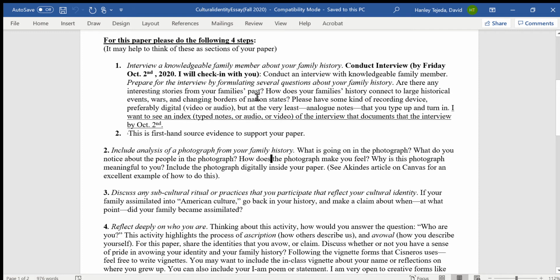And so, yeah, this is actually really fun. If you want to, you can also include more than one photograph. I'm fine with that. And sometimes it's also good to include a brief description of what's going on in a figure. Have you ever been reading an essay and they go like, figure one, my grandmother in 1982, right?